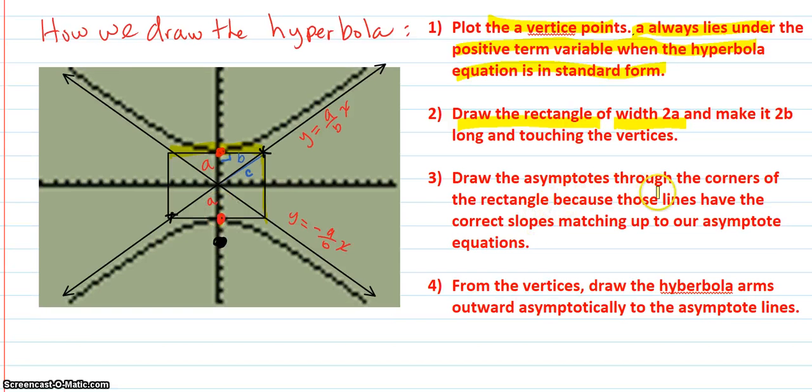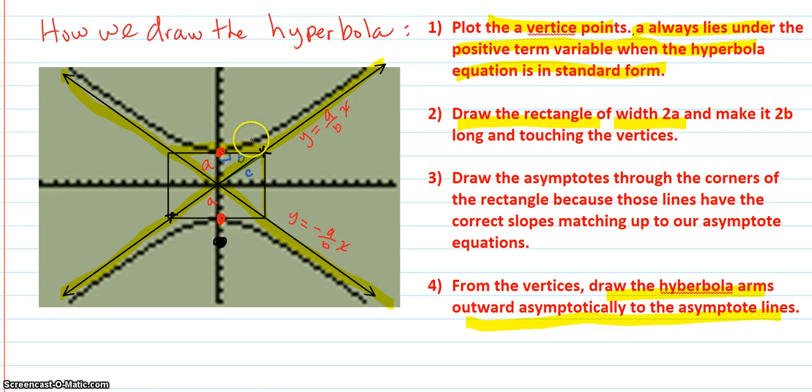Draw the asymptotes through the corners of the rectangle. It's through here and through the center and through there and here, through the center and down there. Then draw the hyperbola arms outward asymptotically to the asymptote lines.